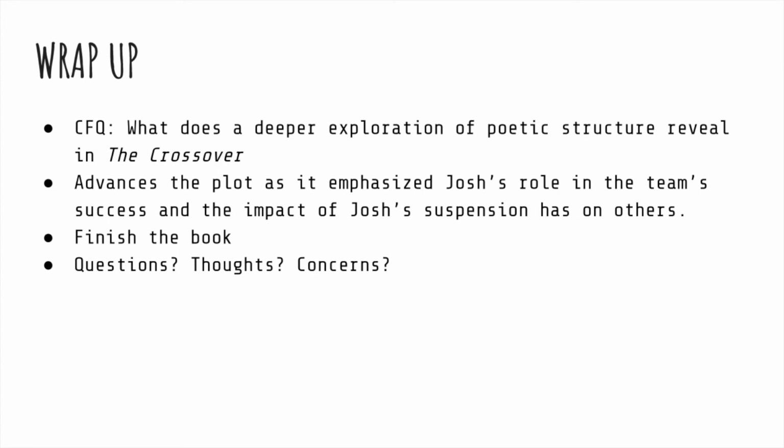Looking at the structure helps us see Josh's emotions a little bit better and exactly what's happening in the situation that he's in. Again, it advances the plot as it emphasizes Josh's role in the team's success and the impact that Josh's suspension has on others. That was basically what the found materials poem that we read did, right?